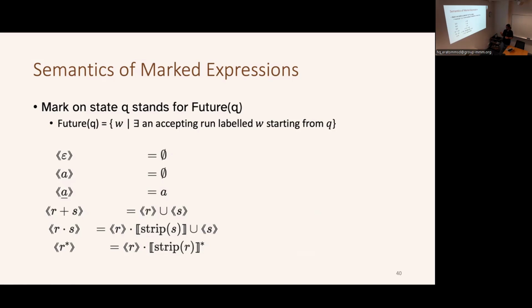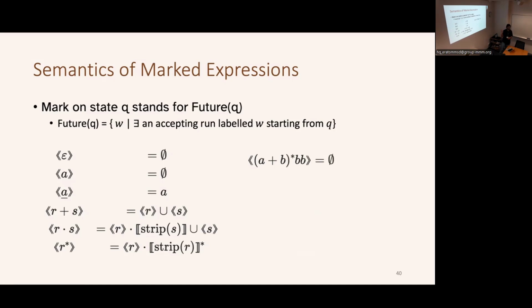So what do I mean by the notation strip S? So strip of the marked regular expression is just a normal regular expression with all the marks removed, as you would expect. So I have some examples here which will hopefully make this definition less mysterious.